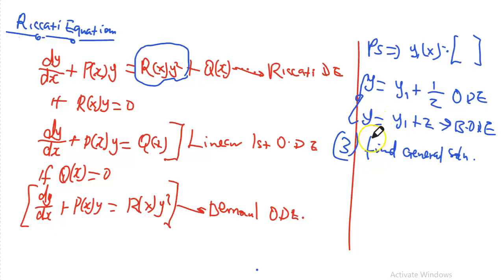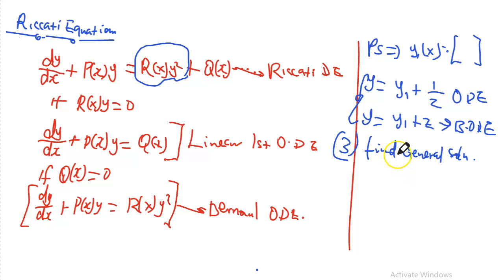But the third part is compulsory: either you reduce your Riccati differential equation to a first order differential equation, or you reduce it to a Bernoulli equation, and you must find the general solution. To find the general solution, you simply find the integrating factor.